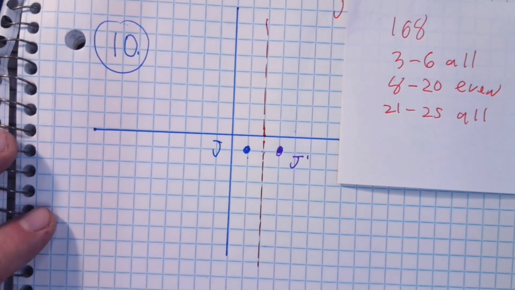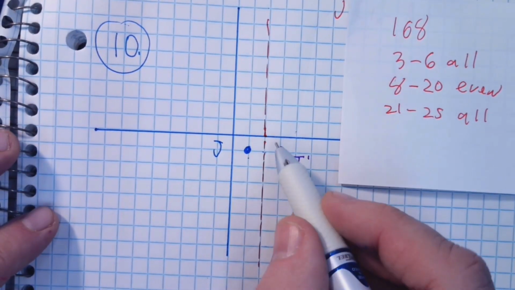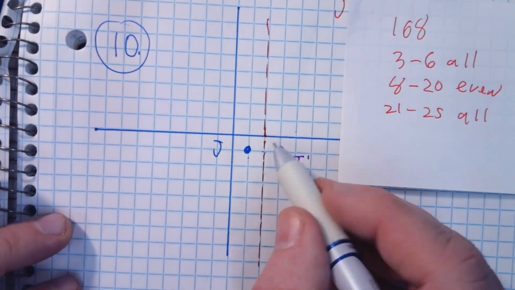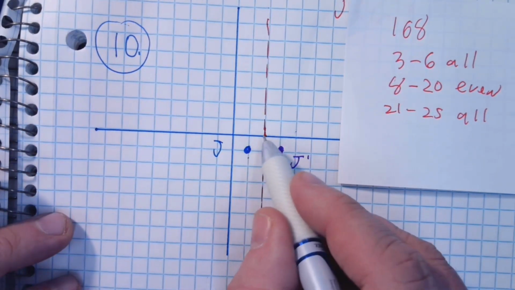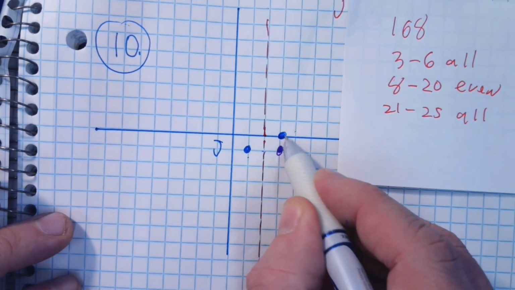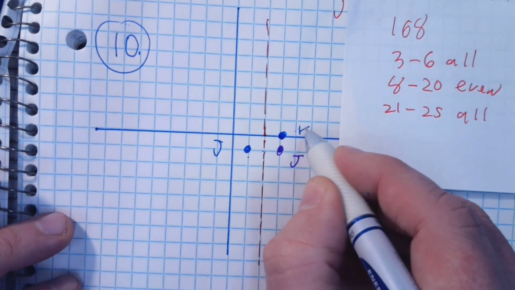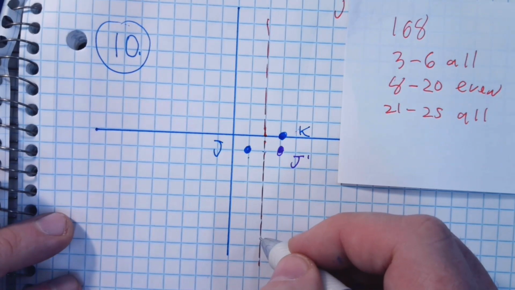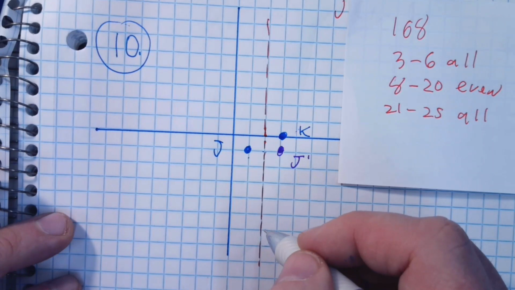K is 3 comma 0. And J and L is 0 comma negative 4.